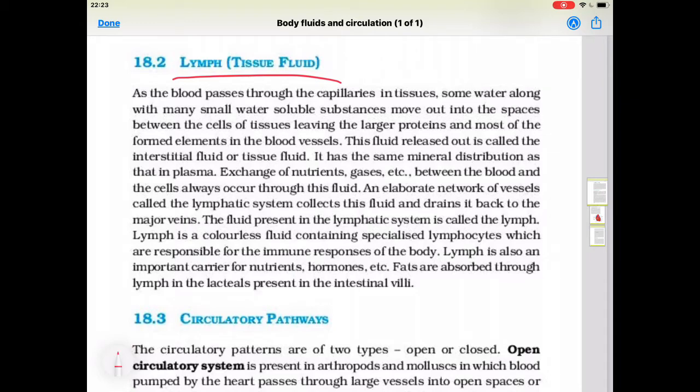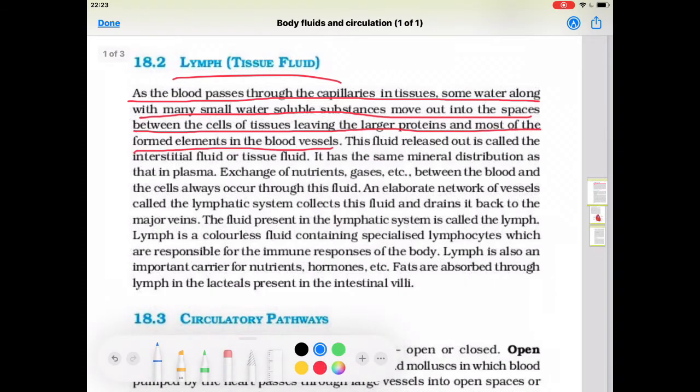Now from your book, as the blood passes through the capillaries in tissues, some water along with many small water-soluble substances move out into the space between the cells of the tissues, leaving the larger proteins and most of the formed elements in the blood vessels.